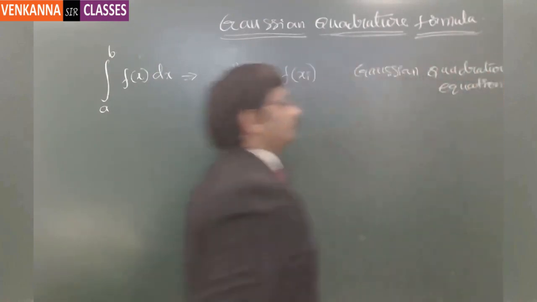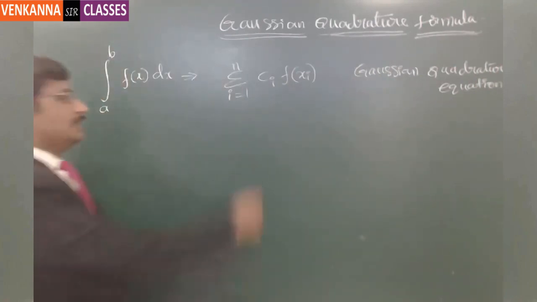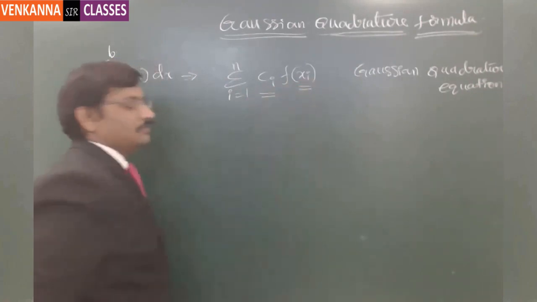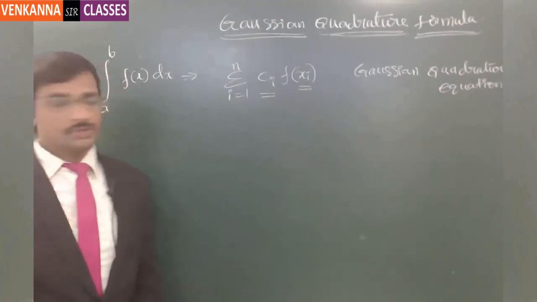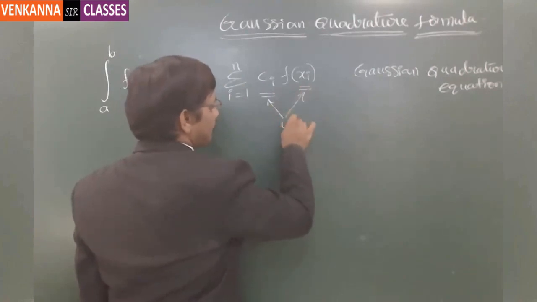Here you are expressing this f of x integral value in terms of the undetermined coefficients ci and the location of the x values at different intervals, which are unknown again. So these two are the unknown values which you need to be finding out.